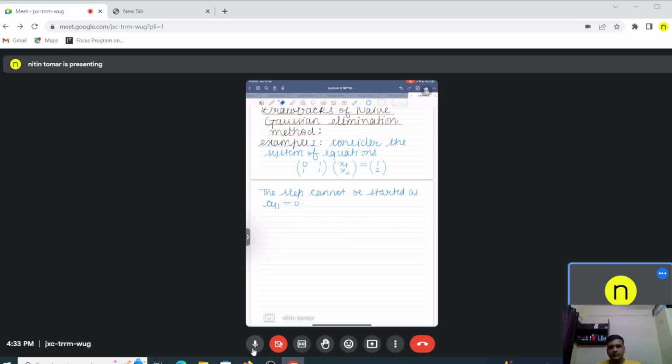It won't think, okay, let's interchange the rows. Unless we add that step in the algorithm, it won't do that on its own. So keep that in mind. So this is one drawback of this naive Gaussian elimination method.